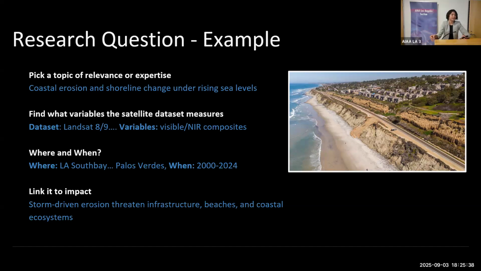I picked Palos Verdes because I felt that was the area in Los Angeles where that issue was most pertinent. And when, I wanted to study this from 2000 to 2024. Its link to impact was that storm-driven erosion can threaten infrastructure, beaches, and coastal ecosystems, causing not only environmental concerns, but also economic concerns as well.